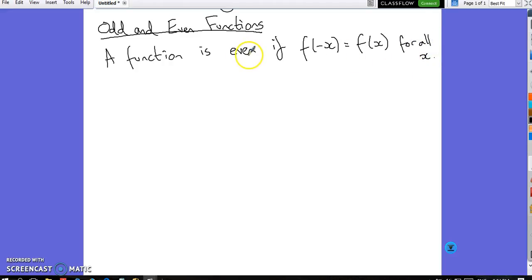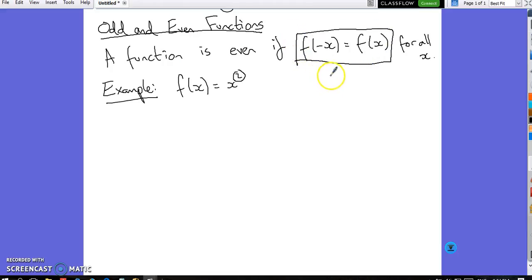And this works very well with our power functions we've had, because if we have an example of an even function, say f of x is equal to x squared, any function with an even power has this property, because if I take negative 2 squared, that's going to be the same as positive 2 squared. So this is an example of an even function. So all even power functions are even functions because this holds for all of them.